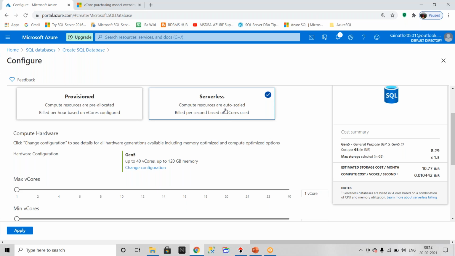It is not pre-allocated for you. Microsoft allocates the resource when you try to access the database. If you are not accessing it, Microsoft will allocate those resources to someone else. Getting it, sir, when you go for serverless?